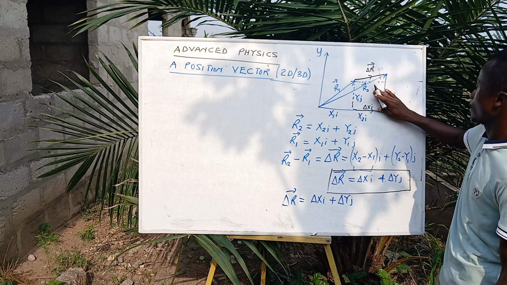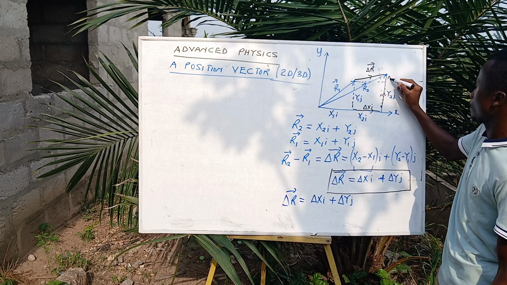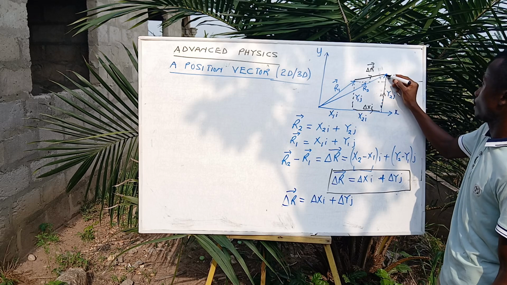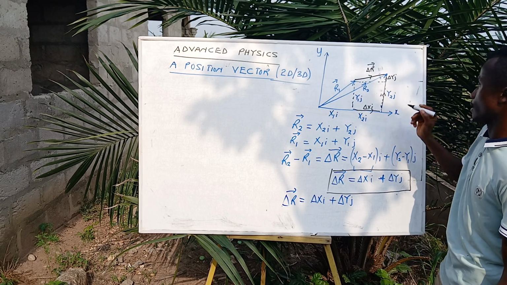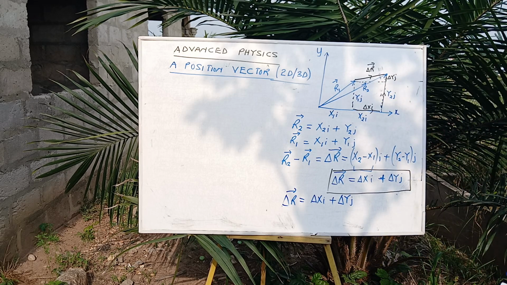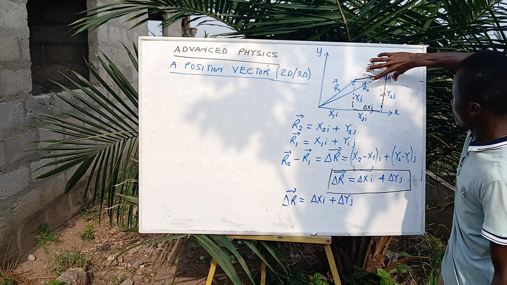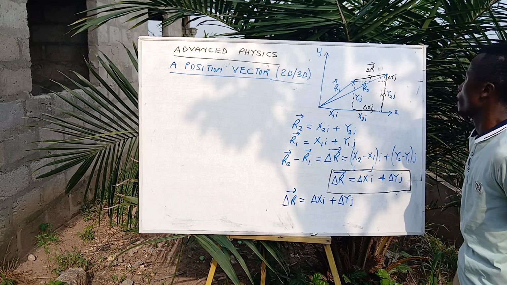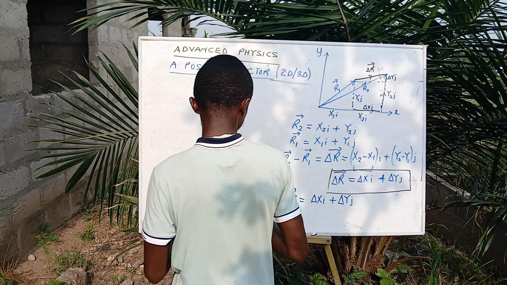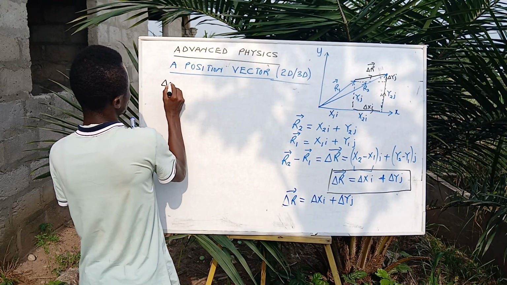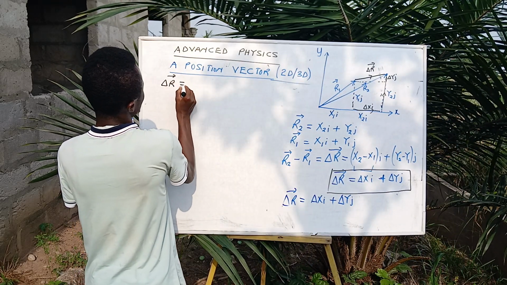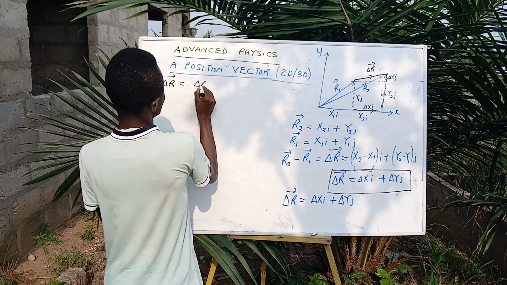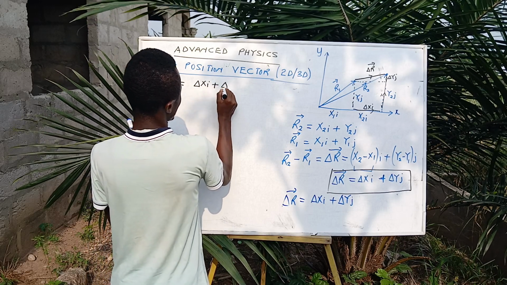That is a vector, delta r. So it has a change in x and a change in y. Let's put this equation down. Delta r is equal to delta x i plus delta y j.